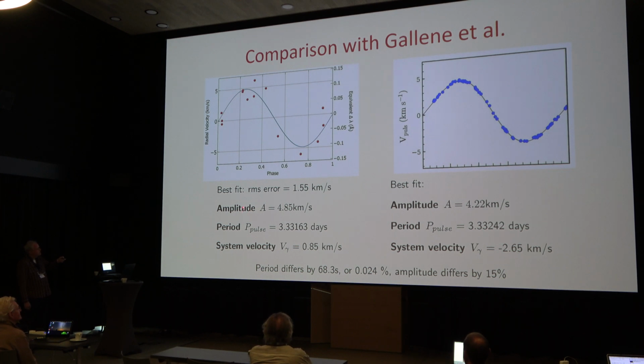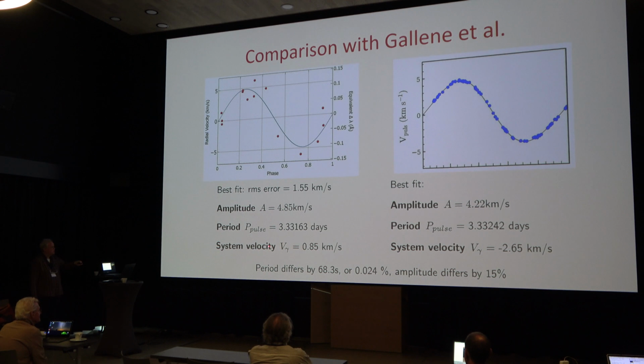But interestingly, the amplitude that I get, 4.85 kilometers per second, isn't far from their amplitude. It differs by 15%. Even more curious is that the period I get is very, very close to the period they get. It differs by 68 seconds over 3 1/3 days.